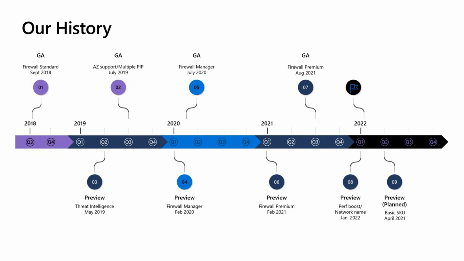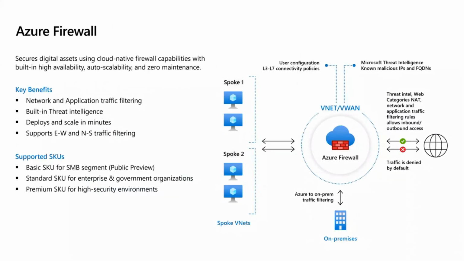So threat intelligence was integrated in 2019. Firewall Manager, to be able to manage multiple firewalls, came in 2020 and so on. And now we have basic SKU to also address the needs of small and medium businesses. So it's clearly gotten a lot of love and growing in features very fast.